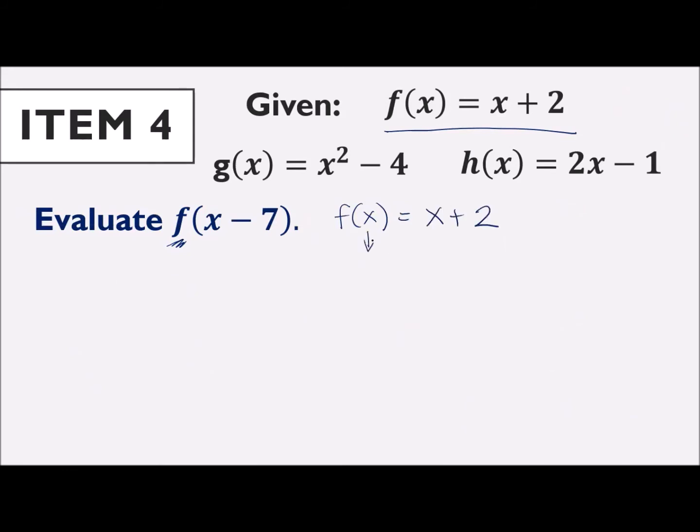Pero, ang x daw natin, sabi, ay x minus 7. So, ibig sabihin, lahat ng x dito sa may f, papalitan natin ng x minus 7. Yung x lang ang pinalitan natin, but the other terms, bring down mo.